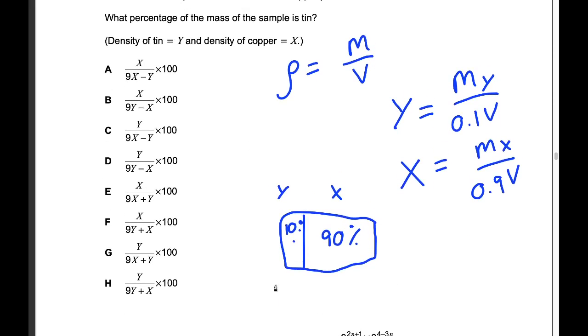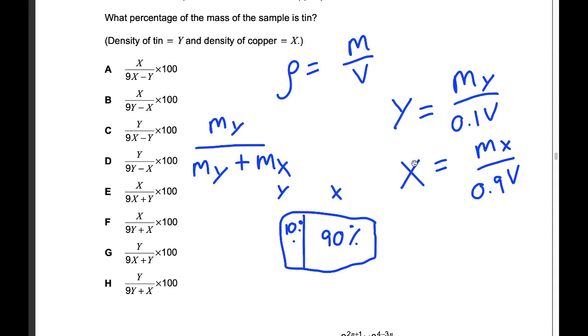The percentage by mass has a times 100 on the end, so I can work out the fraction by mass, and the times 100 just turns that into a percentage. The fraction of the mass is the mass of tin over my total mass, which is the mass of tin plus the mass of copper.